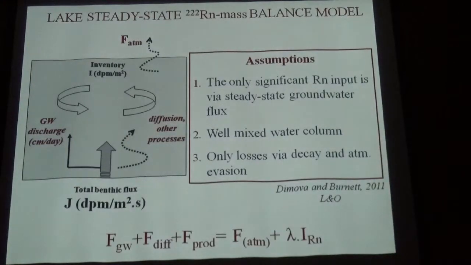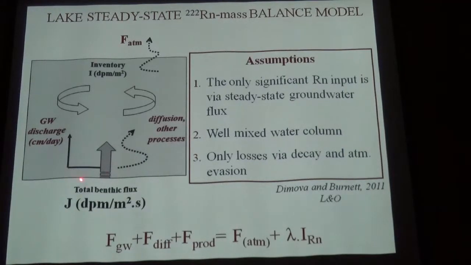And so how do we do this mathematically? Imagine the lake is this box. In order to calculate the discharge, we need to figure out how much excess radon, coming only from groundwater, is going to the water column. But there are other sources of radon to the water column too. One source would be groundwater, which comes with a certain flux, centimeters per day or whatever flux.